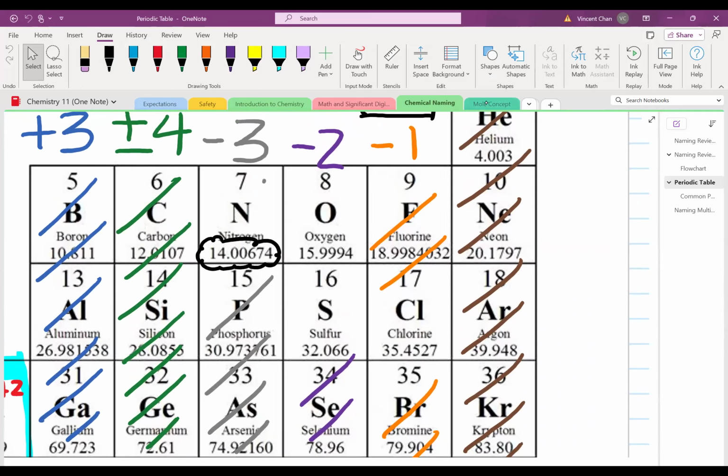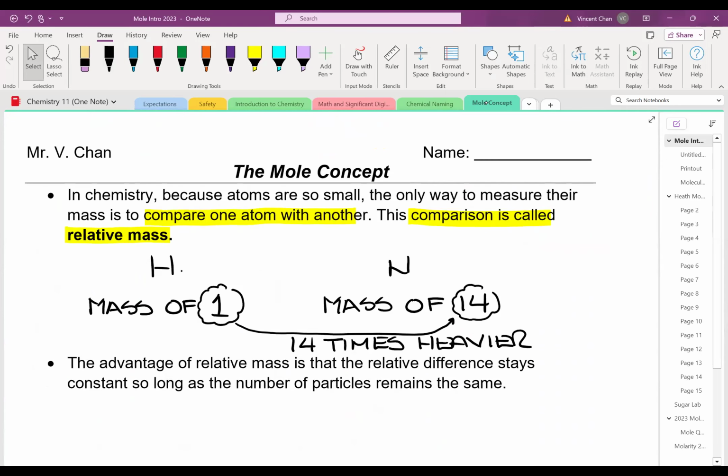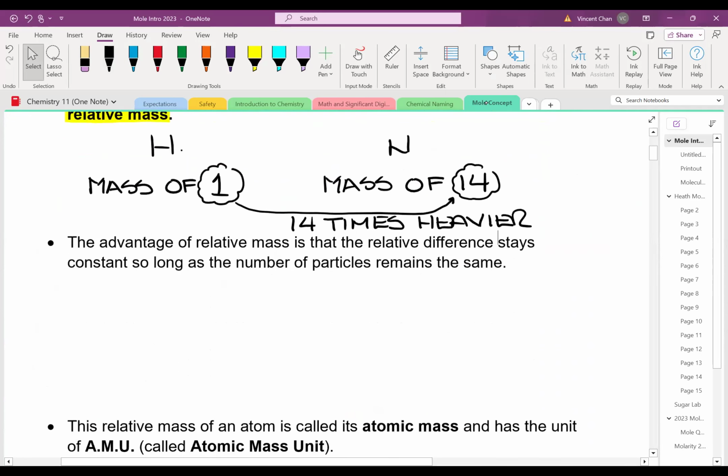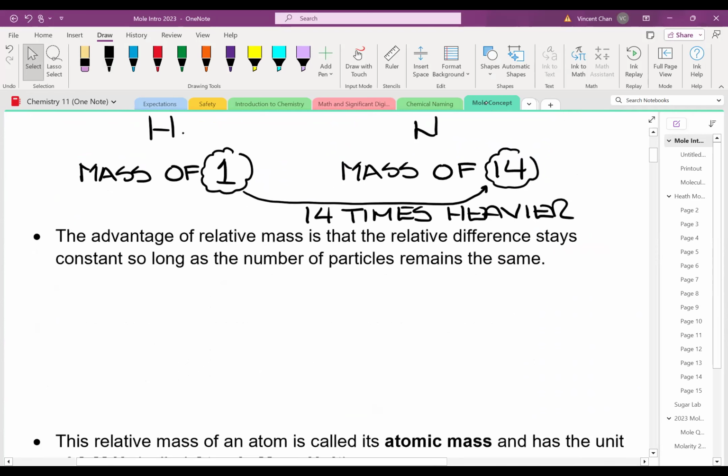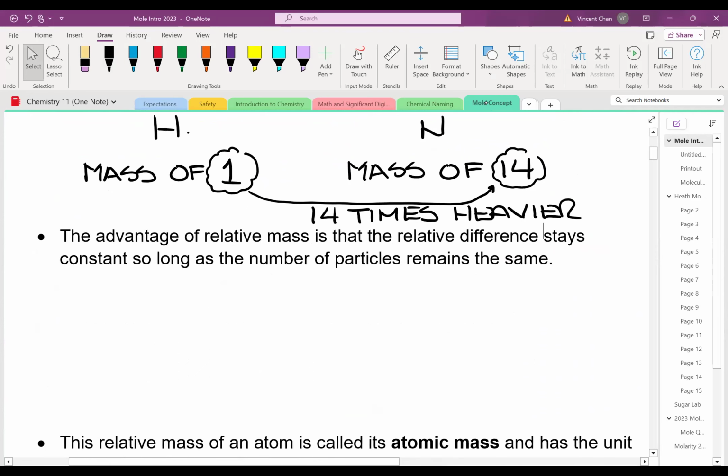In this particular case, the advantage of using this relative mass is that the relative difference stays constant as long as the number of particles remains the same. What do I mean by this? Let's say we had hydrogen versus nitrogen.